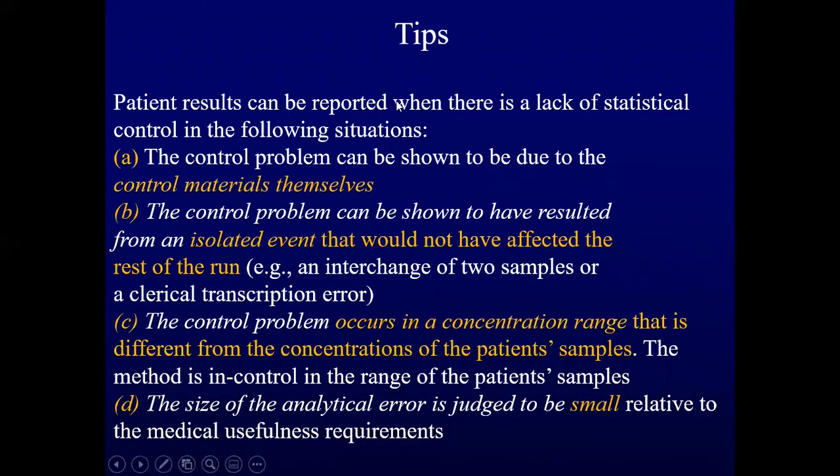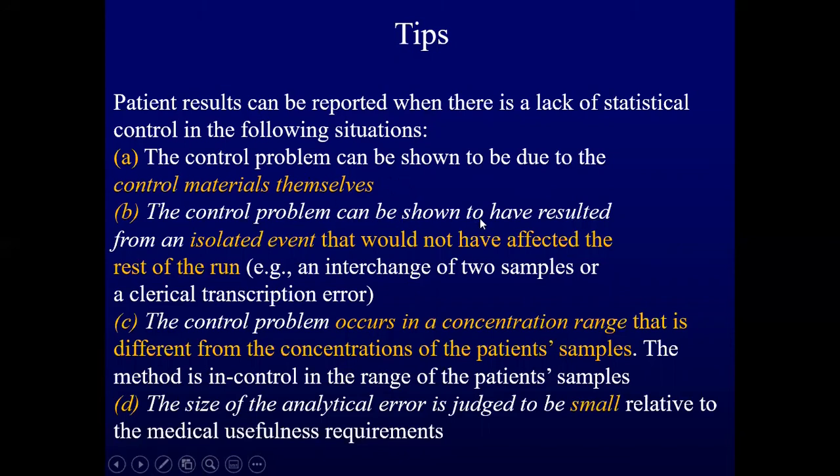So these are certain tips. First one is that patient results can be reported when there is lack of statistical control in the following situations. So if there is an out of control situation and we can report the patient results, this should be allowed in the following situations. The control problem can be shown to be due to the control material themselves and not due to machine or reagents.